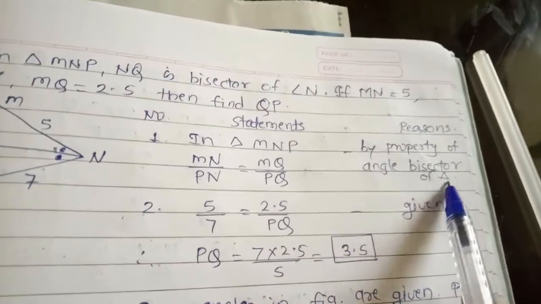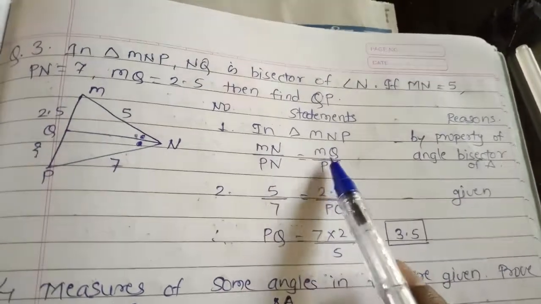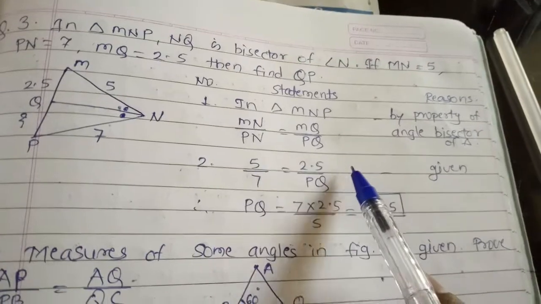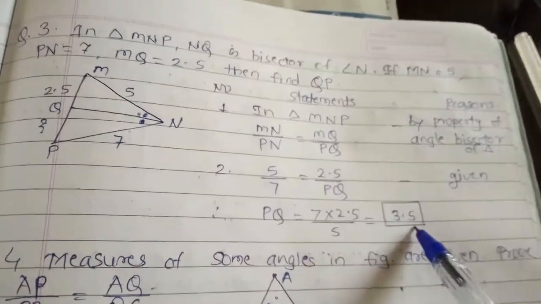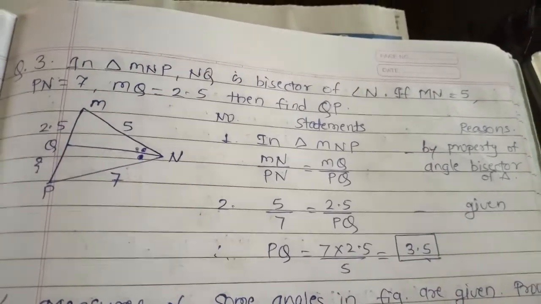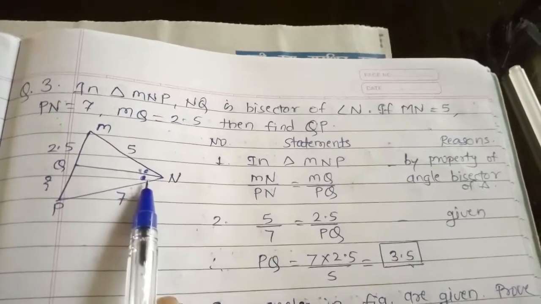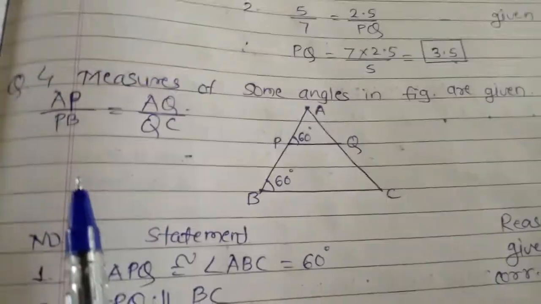We use this ratio by the property of the angle bisector of a triangle. So MN upon PN is equal to MQ upon QP, and by putting in these values and cross multiplying, we get PQ is equal to 3.5. So this is the answer. Very simple example. We just have to check whether it is given that it is a bisector or not. Now question number 4.